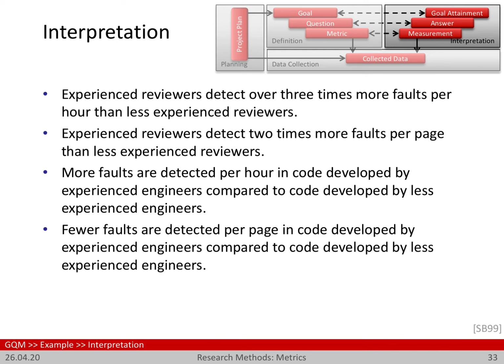This is already an indication that a major reason is not that experienced engineers make more faults, because per page we actually found fewer, but that something else is in play.